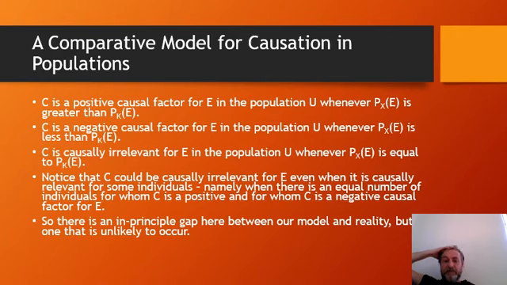So there is an in-principle gap here between our model and reality. We're claiming there is a causal fact if for any individual it is a causal factor. So we're just saying if there's even one person, then we use that to define being a causal effect in a population.